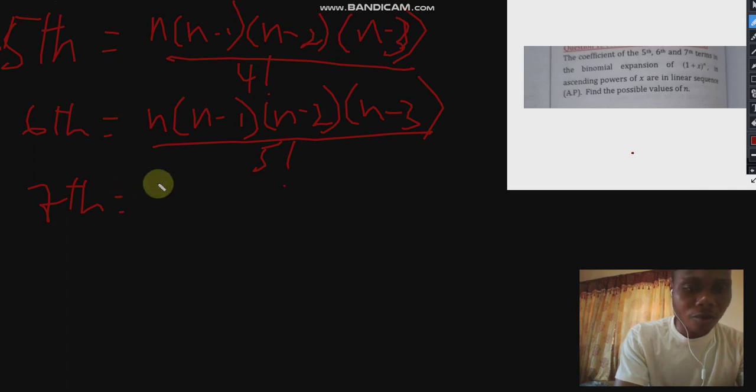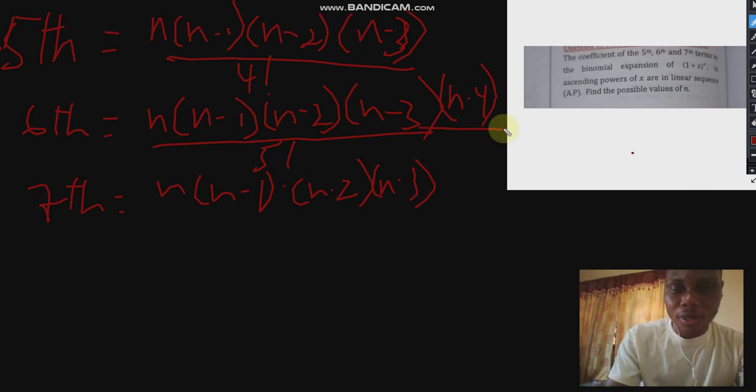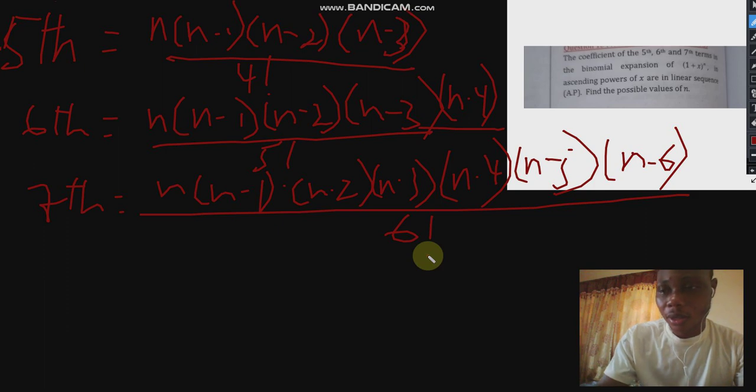And then the 7th one is n minus 1, n minus 2, n minus 3. Here I'm supposed to add n minus 4, n minus 5, then n minus 6, all over 6 factorial.